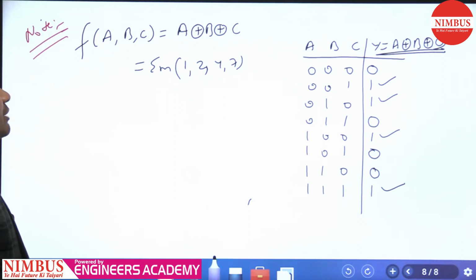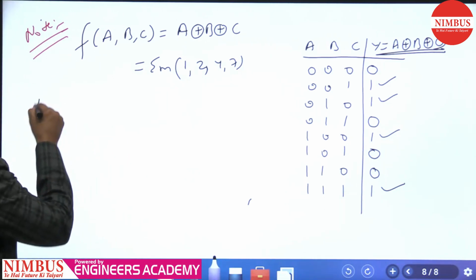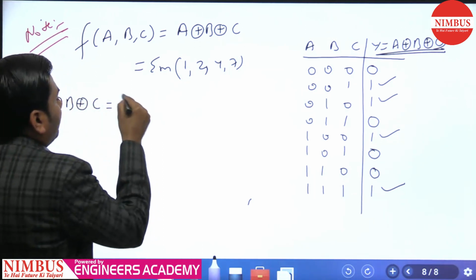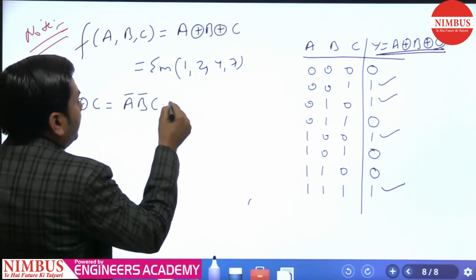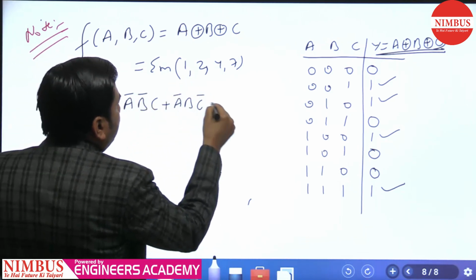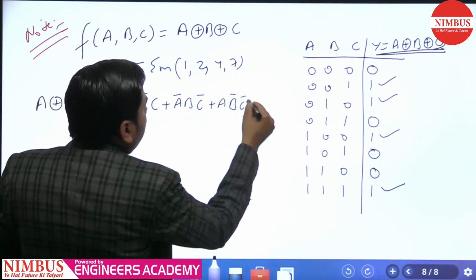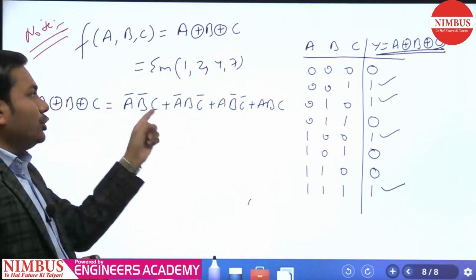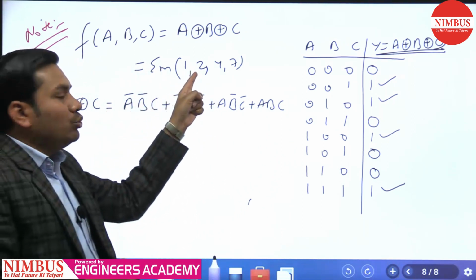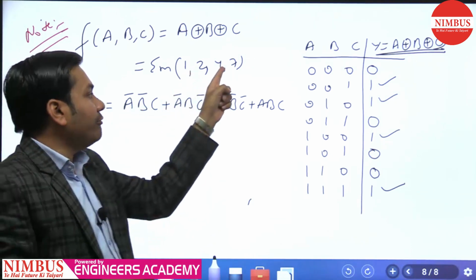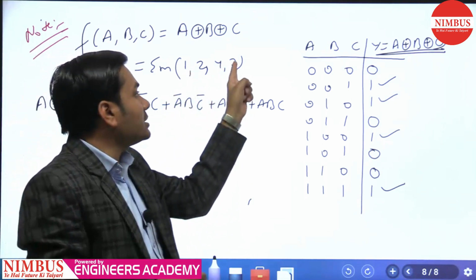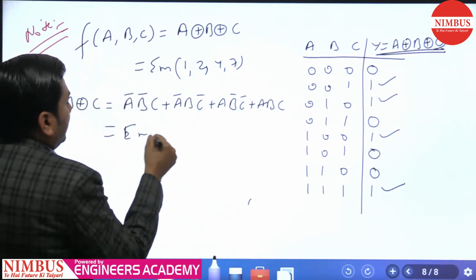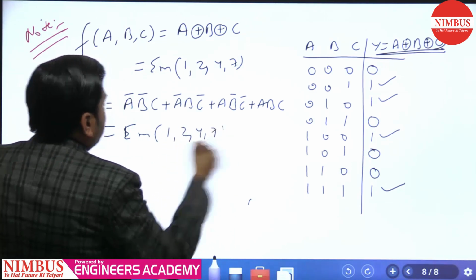So a XOR b XOR c is having the minterms A bar B bar C, A bar B C bar, A B bar C bar, A B C. According to 1, 2, 4, 7: 0 0 1 is A bar B bar C, 2 means 0 1 0, A bar B C bar, 4 means 1 0 0, A B bar C bar, 7 means 1 1 1, A B C. So that is having the minterms 1, 2, 4, 7.